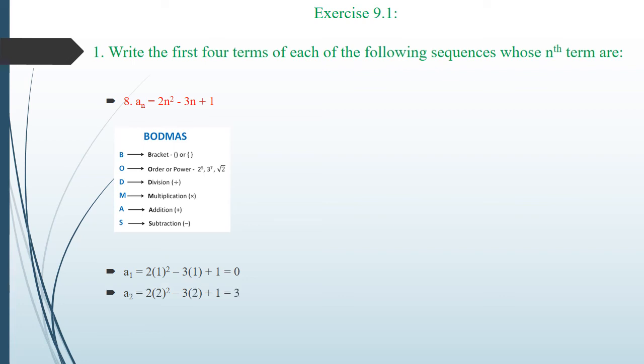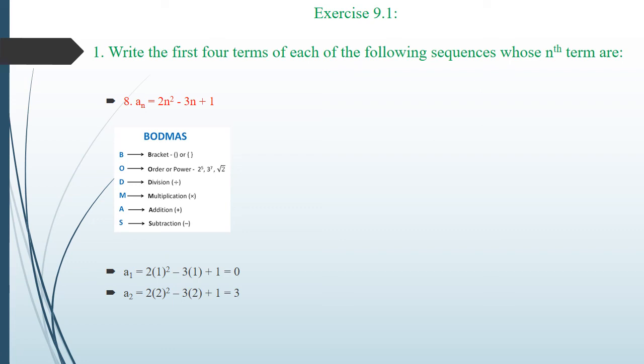Similarly, here a2 is equal to 2 into 2 square. First I am going to follow the order that comes in the given list. Bracket, there is no operation inside the bracket, therefore I will go to the next, that is order, that is 2 square, that square I will do. Then there is no division operation, then comes multiplication, therefore 4 into 2 I did, that is 8, minus, we can see one more multiplication operation is there, that is 3 into 2 will give me 6.